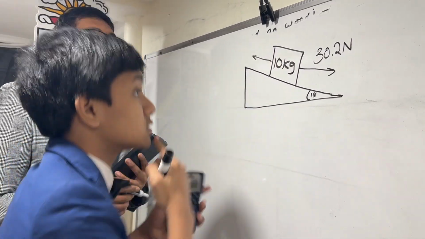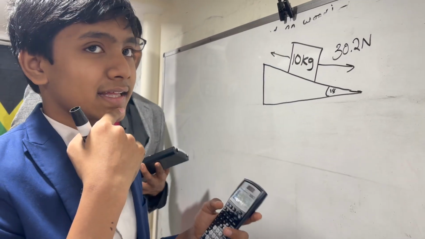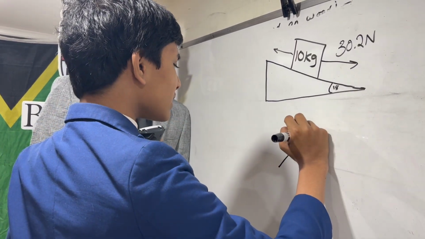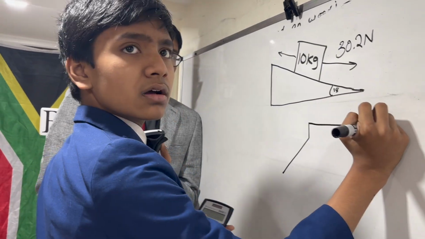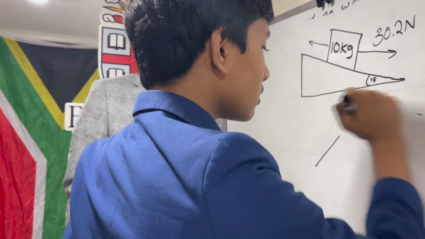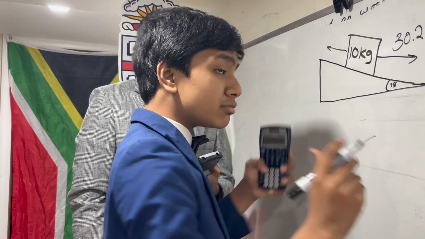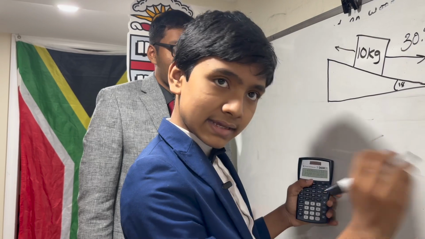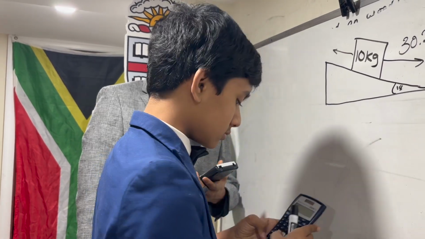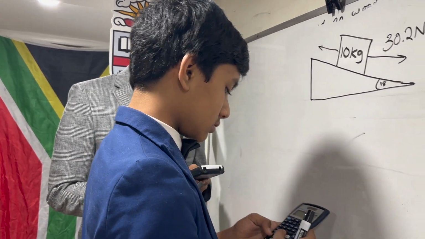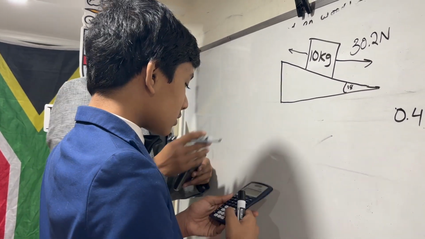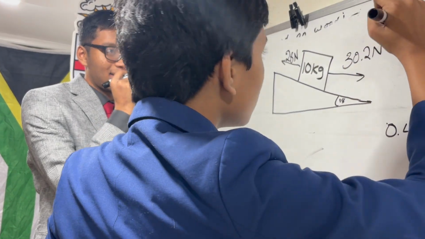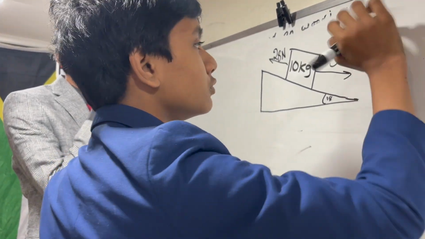But then it won't move. Wait, is the maximum static friction lower than the kinetic friction? Static is 0.4, the kinetic is 0.3. Understood. So it should be 28 newtons, which means that it's going to move with an acceleration of 0.22 meters per second squared.